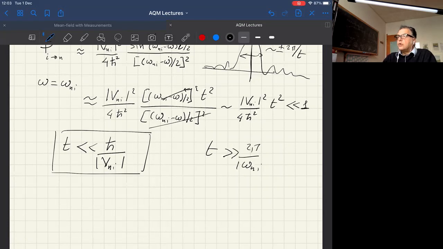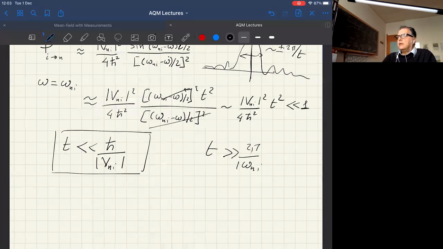So if time is too short, then the resonance condition does not work. So let me say the following. This means that in order for the resonance condition to be important, the system should resolve the fact that you have a given frequency.